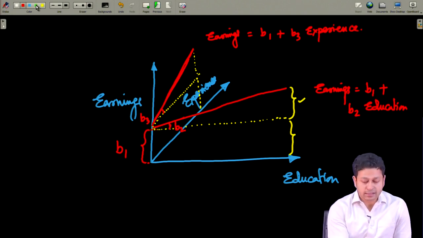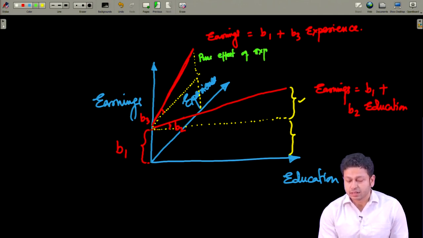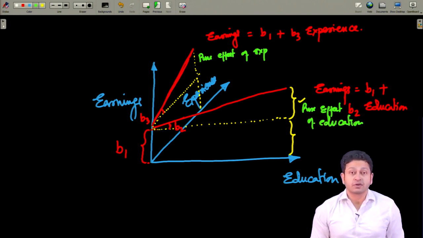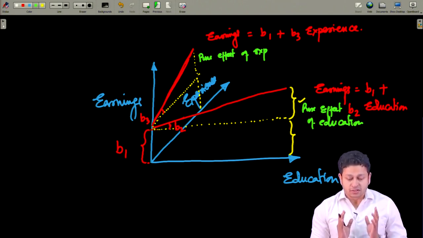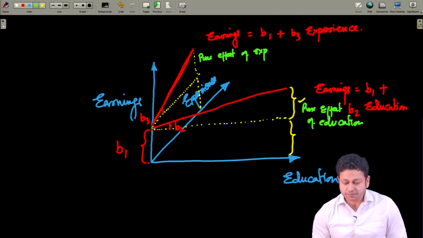And this part is the pure effect of experience, and this part is the pure effect of education, all right. Now, at the end of the day, since I am considering a multiple regression, I have different explanatory variables, I need to get the final regression line from all these different impacts, right.